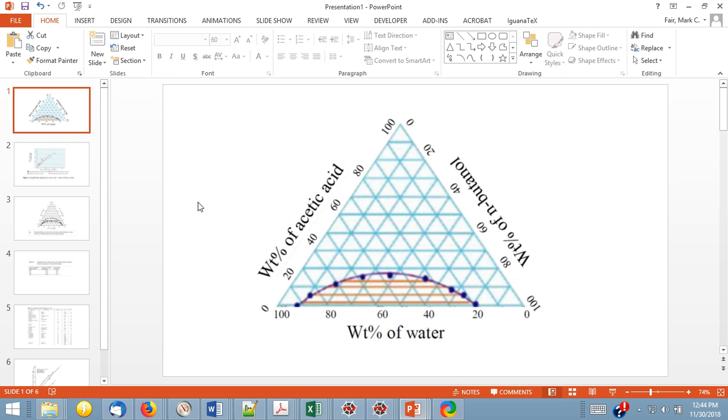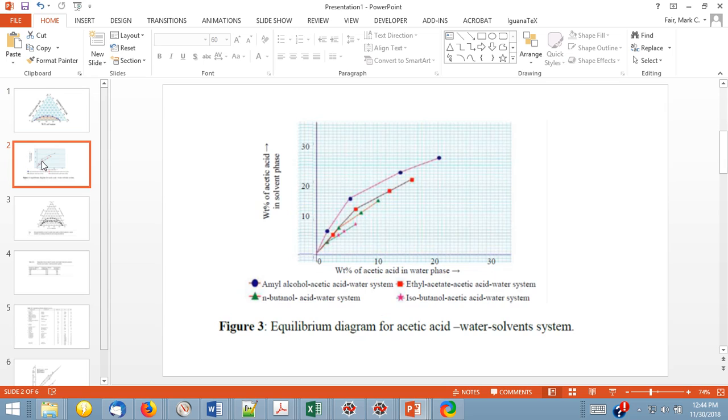So this is what the actual phase diagram looks like. Somebody actually collected some data on this. In the same paper, they provide enough information that you could attempt to get a distribution coefficient from this. With this plot, they've got weight percent acetic acid in the solvent phase, and one of the solvents here is our n-butanol, so that's these green triangles.